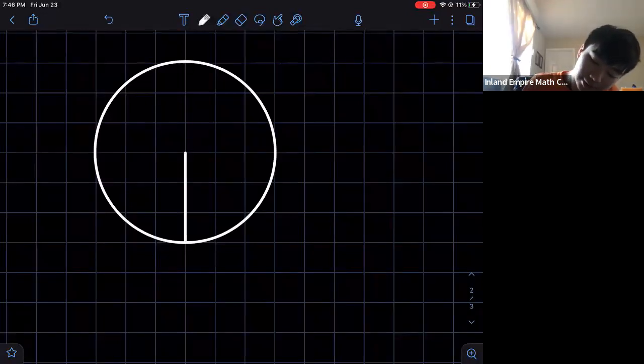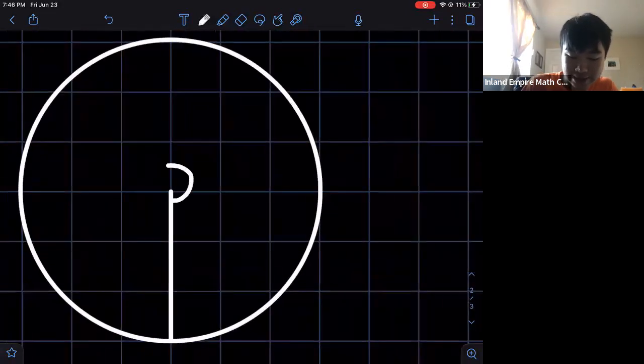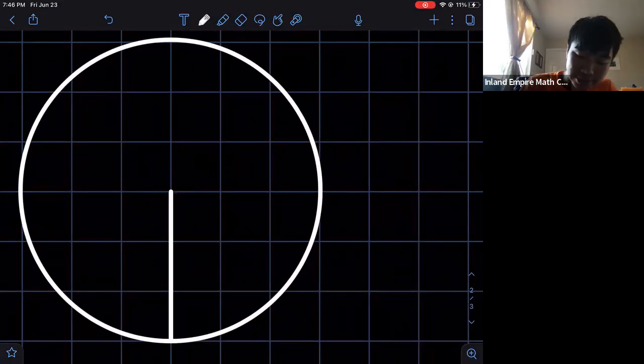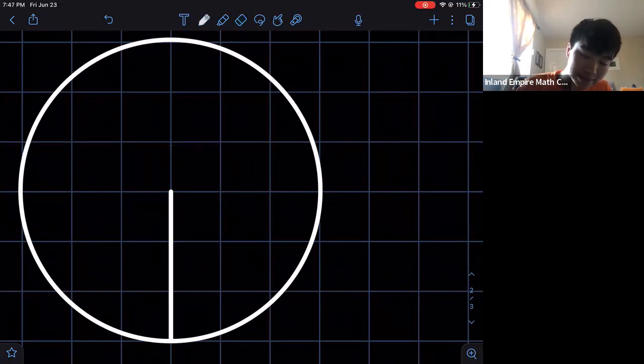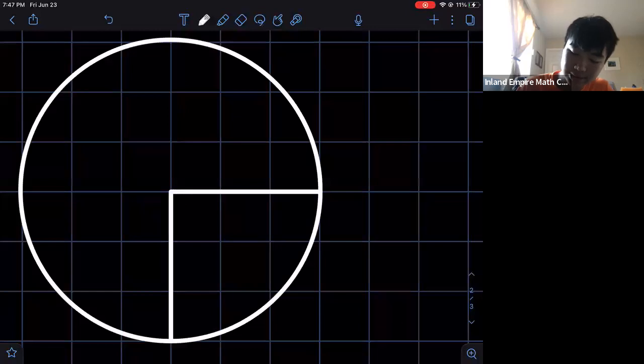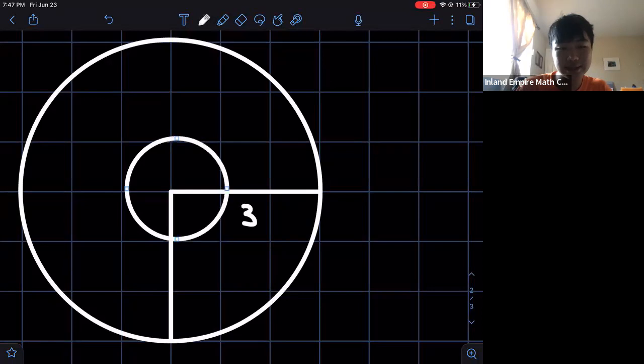If we start with a circular sort of loop like that, what is the area of this loop? Well, let's start out by saying that the radius is, say, 3. And then we can create a circle on the inside like this.